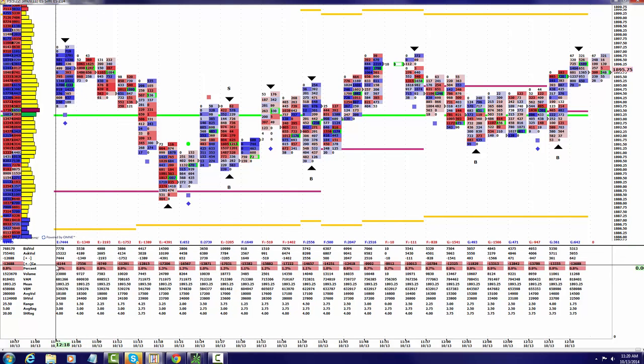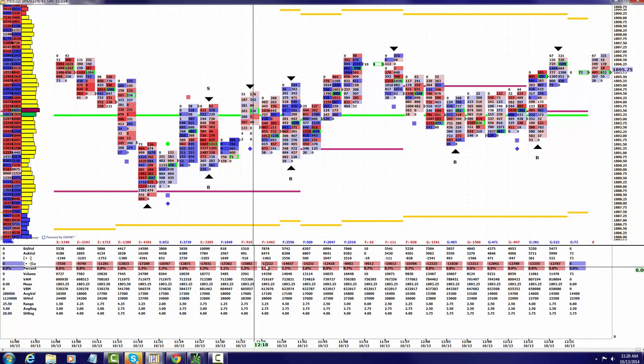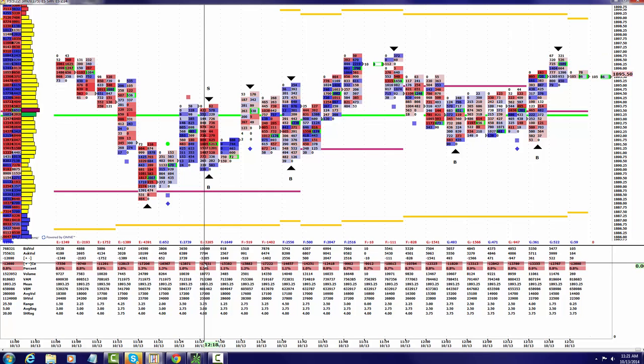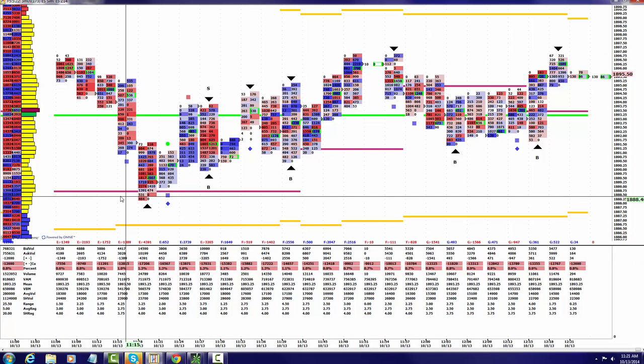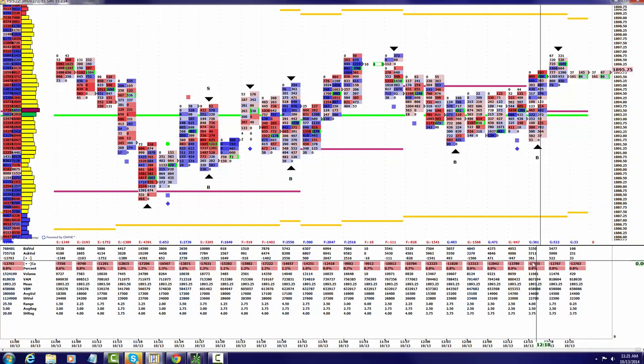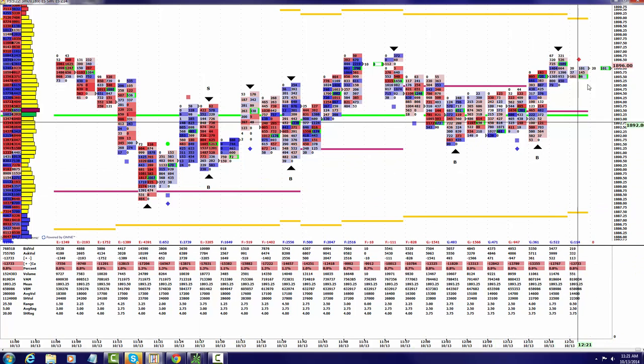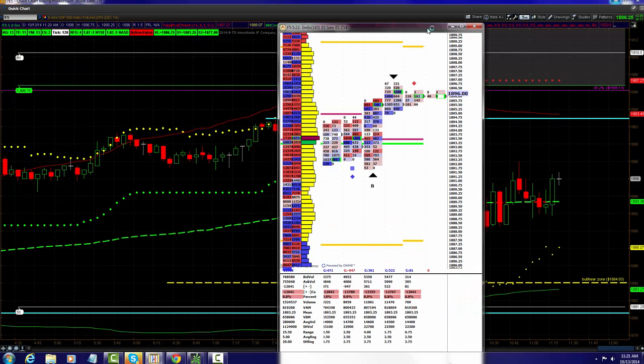We started out with a positive delta, positive of 20,000 plus, and by the end of that move down to the lows, you can see here at its height, we had 17,000 as we were moving down to the lows. So this is a good indication of when buying and selling is coming in, because you can see this volume. I'll spend some more time on that in other videos.